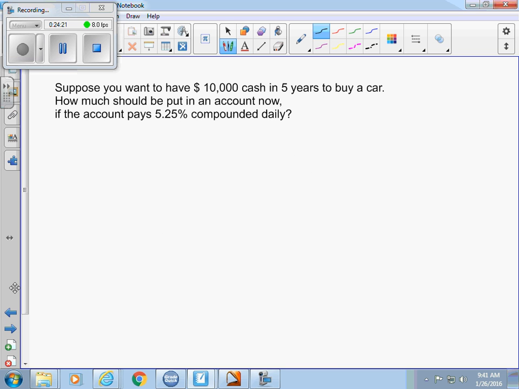Okay, suppose you want to have $10,000 in cash in 5 years to buy a car. I want $10,000. Everyone see why I put it there?